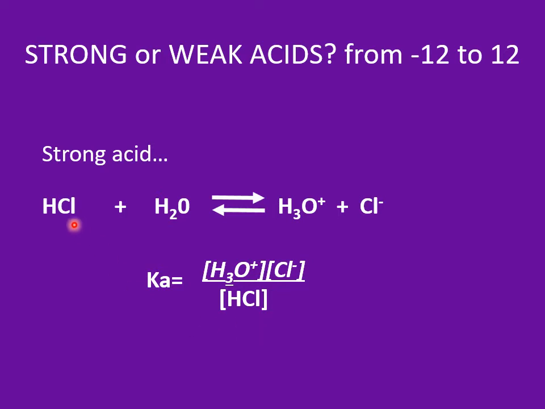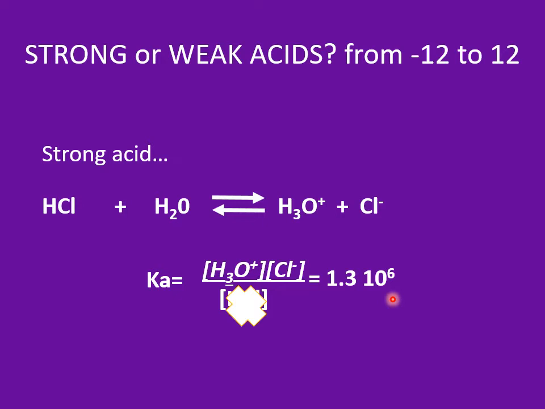As hydrochloric acid is a strong acid, almost all the molecules of hydrochloric acid in water will be dissociated. Then the concentration of hydrochloric acid will be very small. If we divide by a small number, then the acid dissociation constant will be big. In this case, it's 1.3 times 10 to 6.